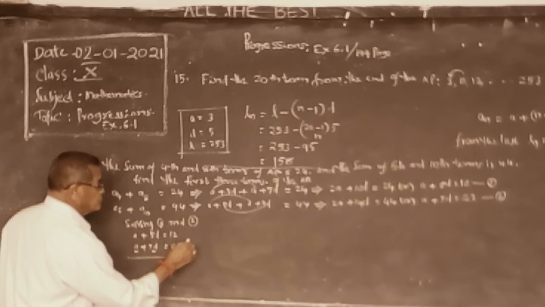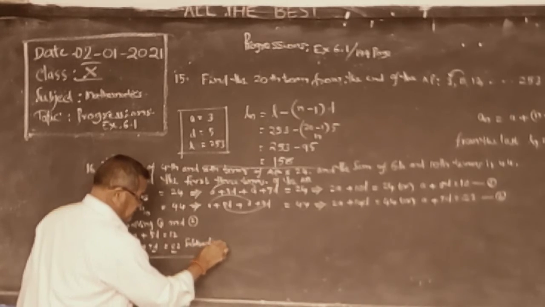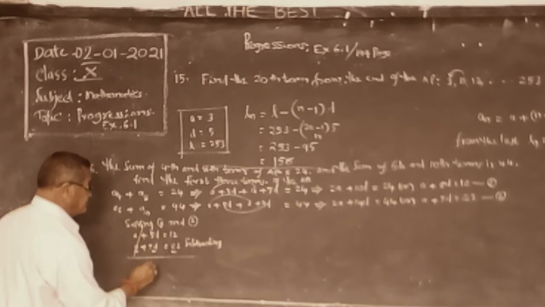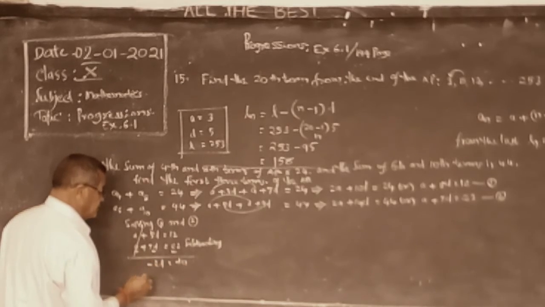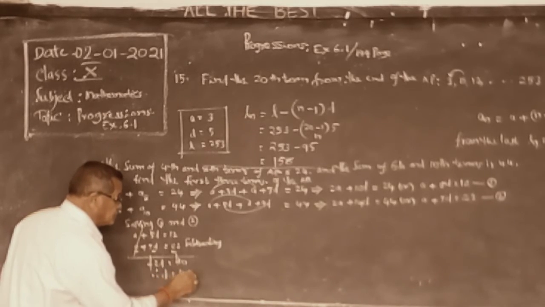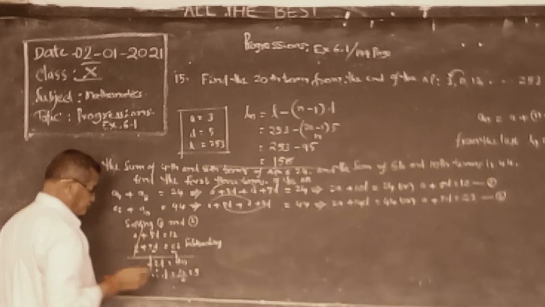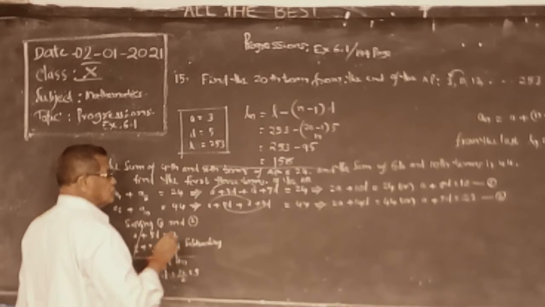Subtracting, A cancels. Minus 2D is equal to minus 10. Minus cancels. Therefore, D is equal to 10 by 2, which is 5. D equal to 5.